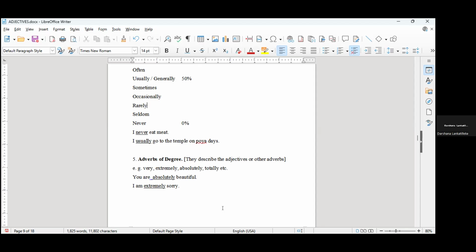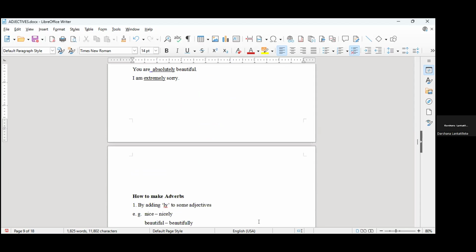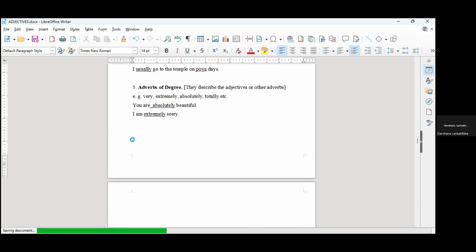There's another kind of adverb. Number six, conjunctive adverbs.